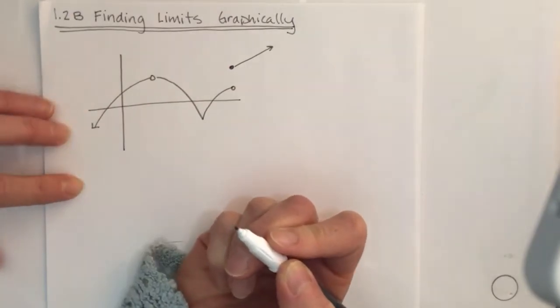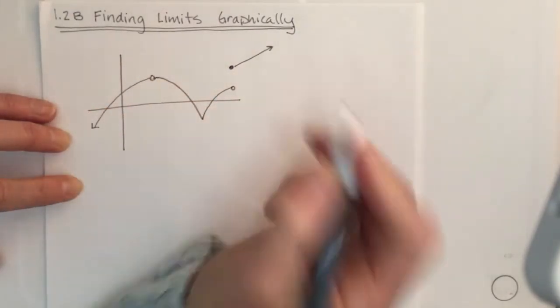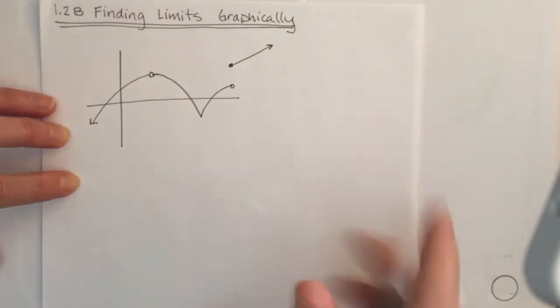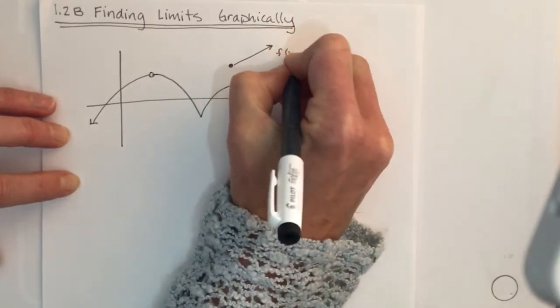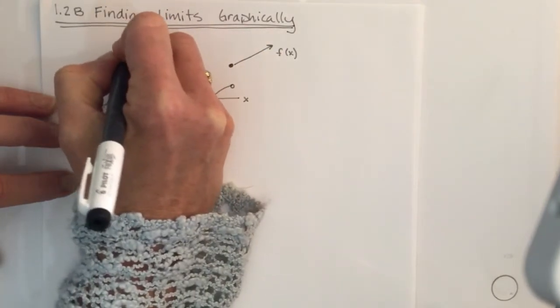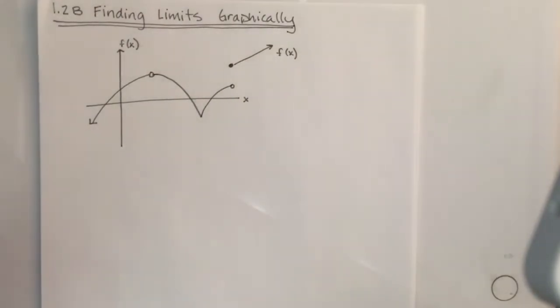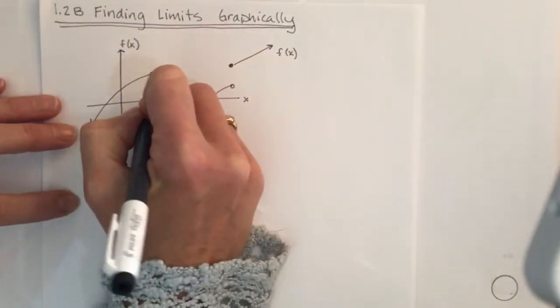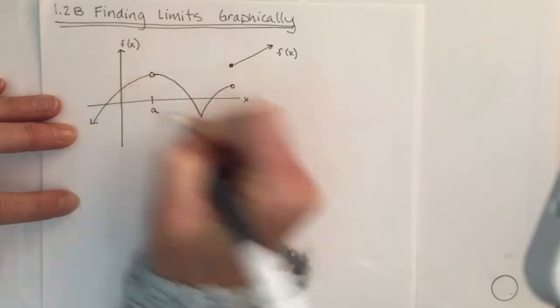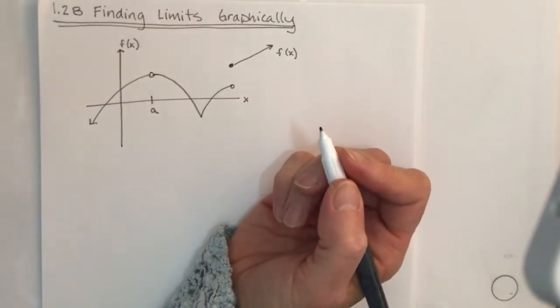Some crazy function, and this is f of x. And we want to know the limit at this point here, and we'll call this A. This point is a good one.